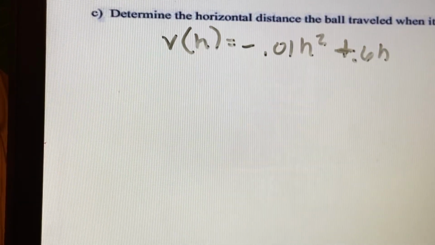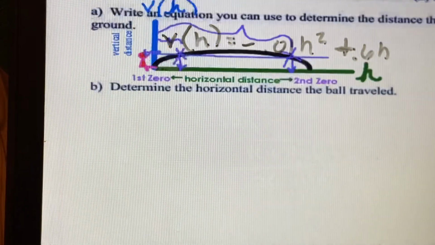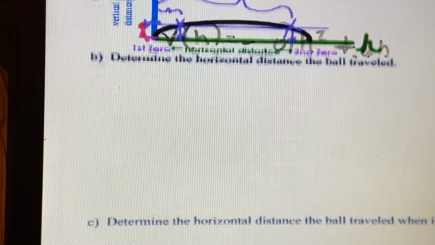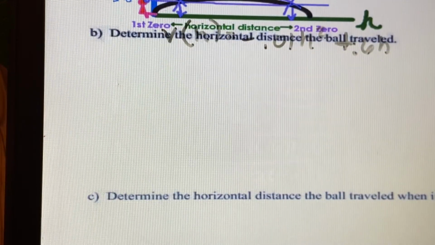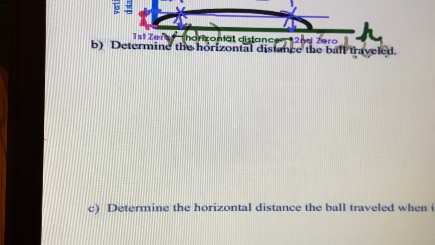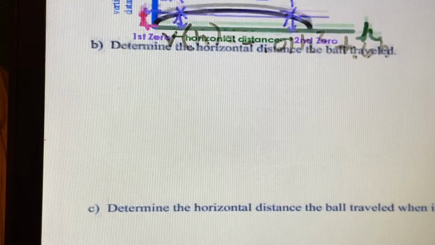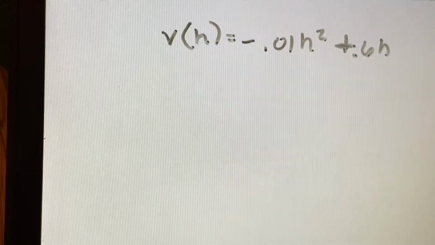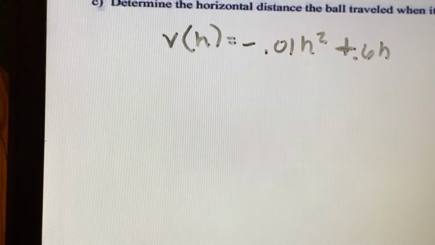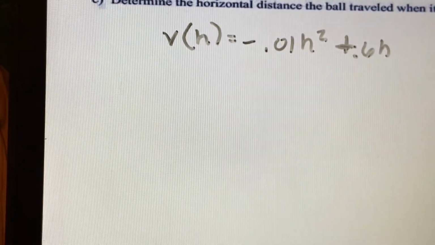Now, the height is 6 meters. If you go back to the word problem, it says where h is the horizontal distance the ball traveled, and V of h is the vertical distance. Height is your vertical distance. So this right here is your vertical distance.